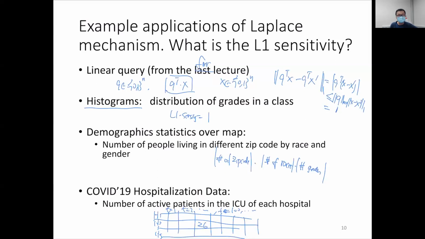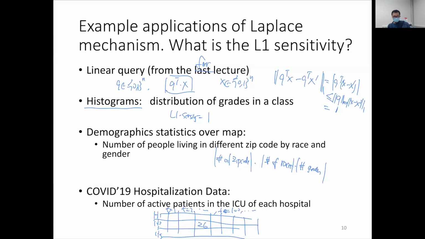On the other hand, there could be some person who has a really bad condition and stays in the ICU from day 1 all the way to day 200. Okay. Yeah. So if that's a possibility, then this data set will have an L1 sensitivity of the length of the time horizon.